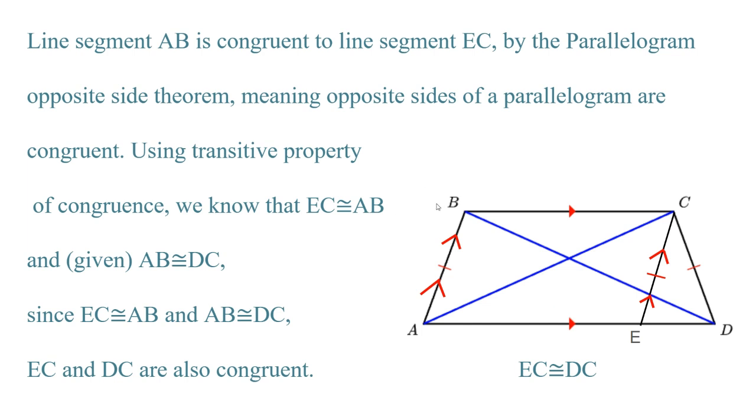Using this information, line segment AB is congruent to line segment EC by the parallelogram opposite side theorem. As we said earlier, this means that the opposite sides of a parallelogram are congruent.